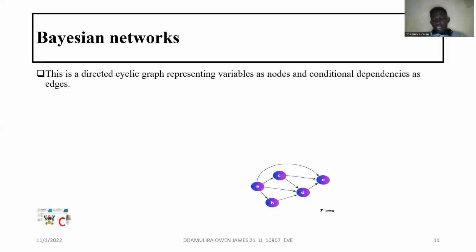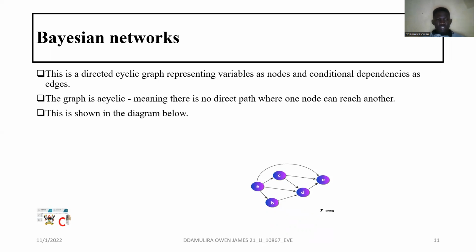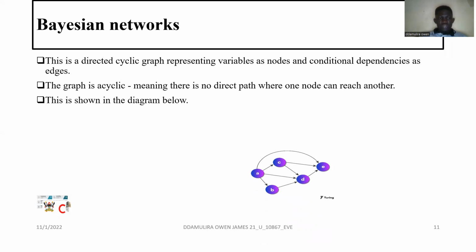Then I talk about the Bayesian network. This one represents data in a graphical manner, whereby nodes are variables and edges are conditional dependencies between the variables. As you can see, read more about it. I'm going to share a link whereby you can get to know about the Bayesian network.